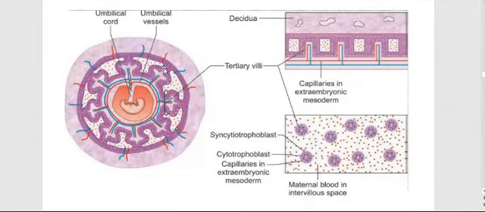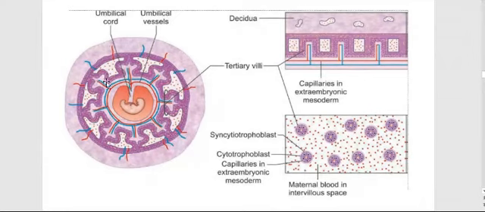This is one villus, another villus, another villus, another villus, all surrounded by intervillous spaces. This is our decidua basalis, or we can just say the decidua. And these are the blood vessels that have opened up, filling these spaces with maternal blood. And this is our embryo, and this is the umbilical cord.